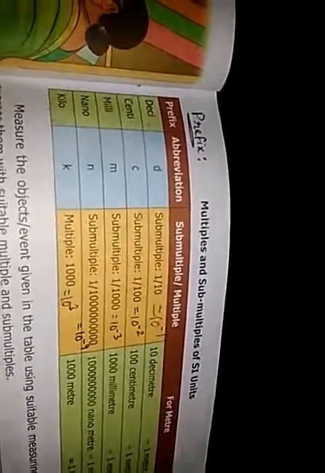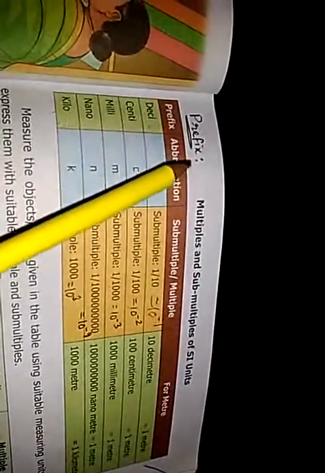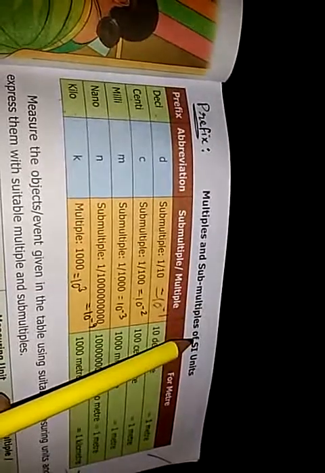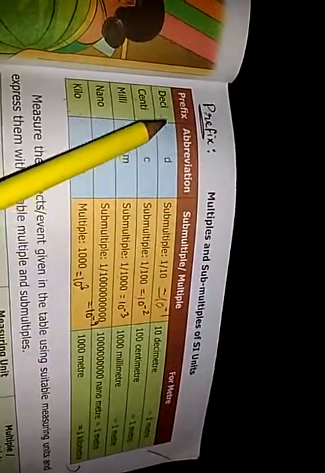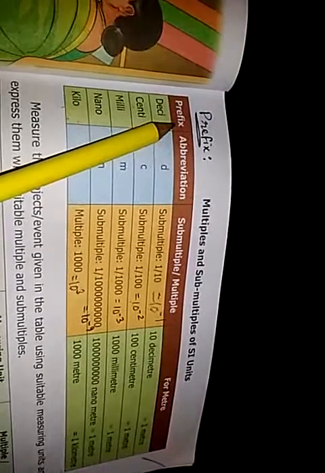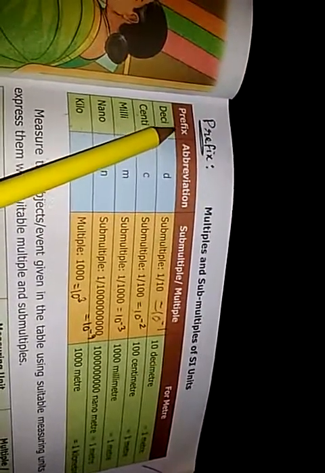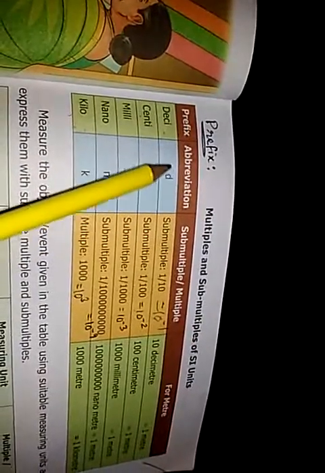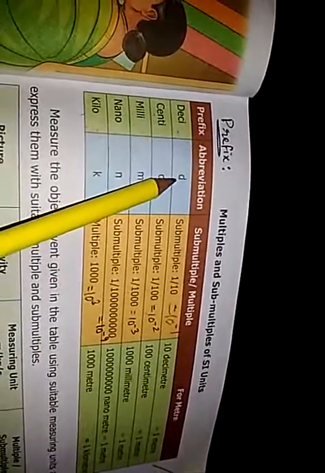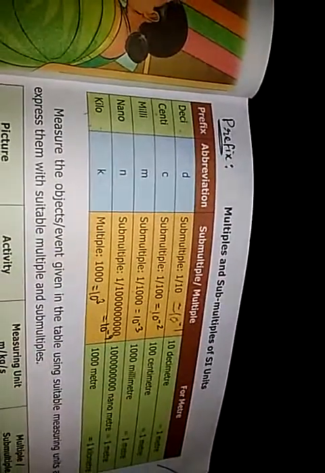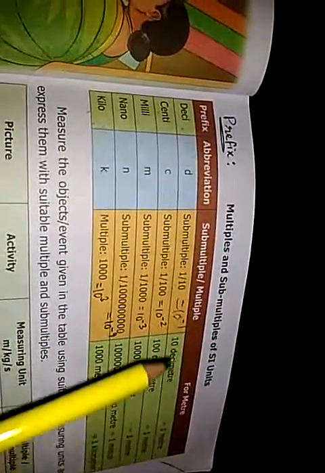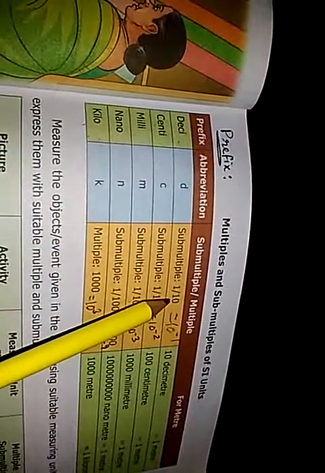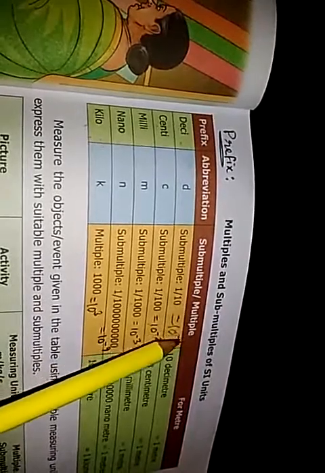Students, next we learn prefix. Multiples and submultiples of SI units are given as prefix. Here we see some prefixes. Deci, abbreviation small d, submultiple 1 by 10, we write 10 power minus 1.